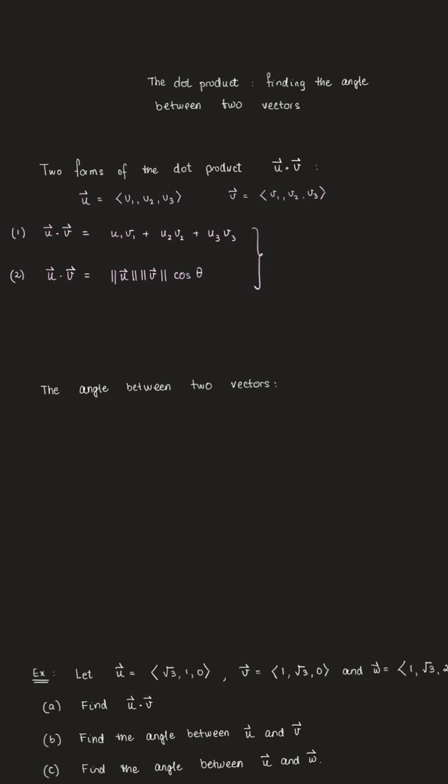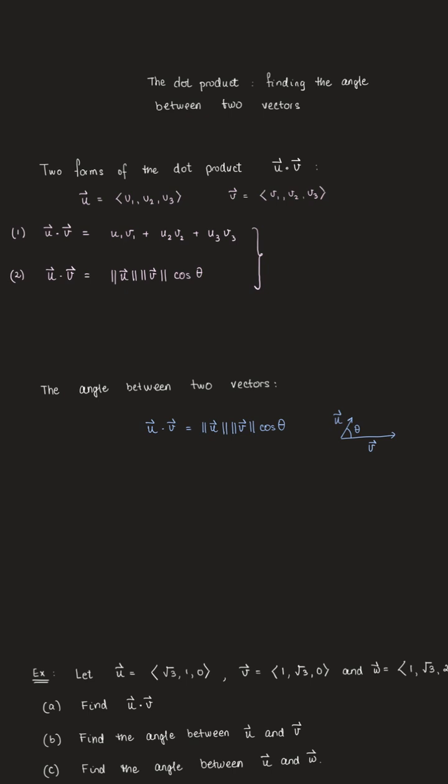Now, our second form can give us the angle between two vectors if we solve for theta. So we know that the dot product of u and v is the magnitude of u times the magnitude of v times the cosine of the angle between the two vectors. If we have vector u and vector v, there's our angle theta.